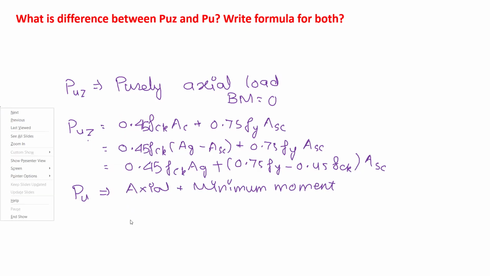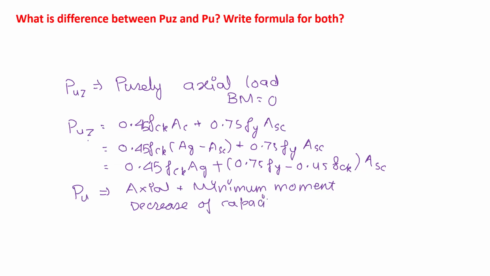So we have PU equal to 0.4 fck Ag plus 0.67 fy Asc.